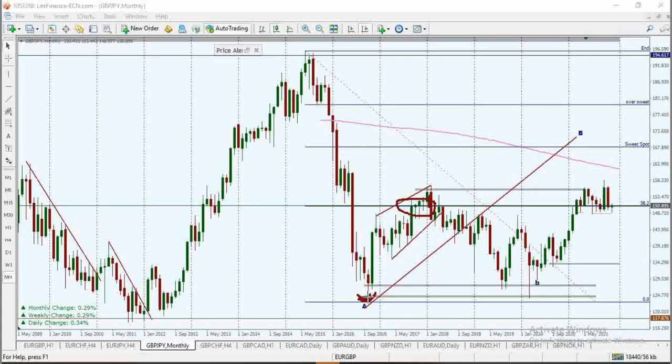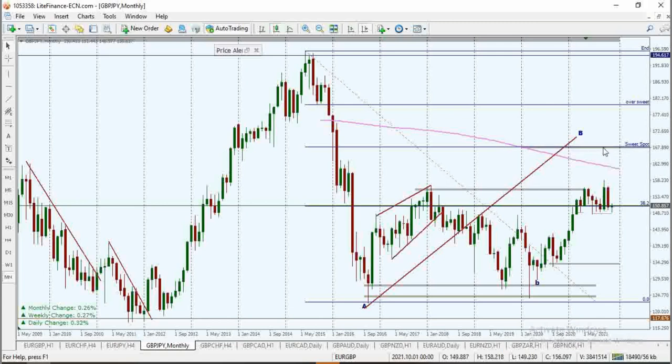Whatever support was here in this territory was so strong that the 38.2 did not send enough supply to break this point here. So we're going to be looking at the next target area, which is the 61.8 Fibonacci retracement of this higher swing. I'm just going to go ahead and put that line up for you guys.